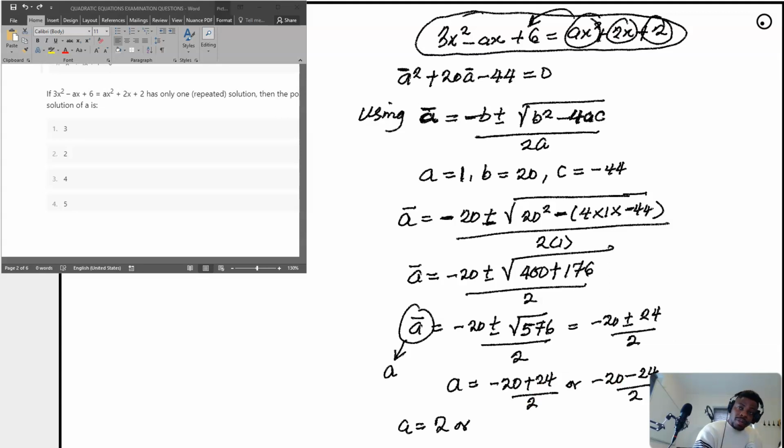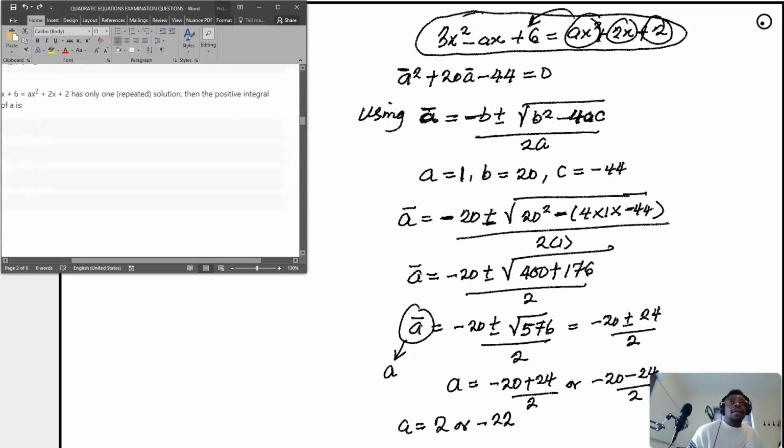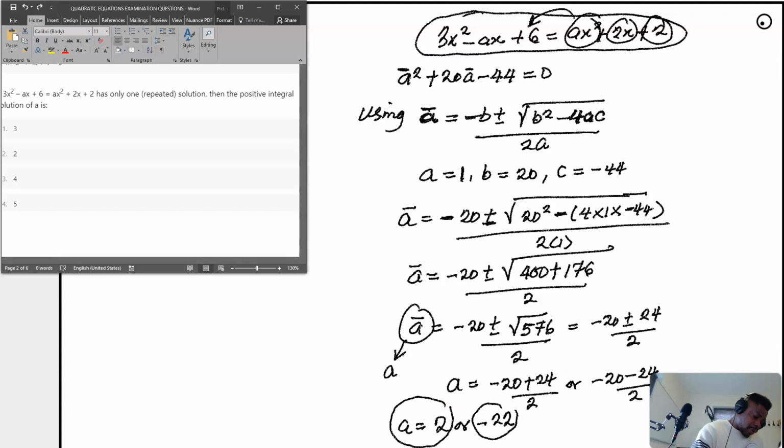Minus 20 minus 24, that is minus 44. Minus 44 divided by 2, that is minus 22. Okay? So here, in our question, they told us that it has to be a positive integral solution. So a positive number for a. And the positive number for a here is 2 because this is negative. So our option is option 2.